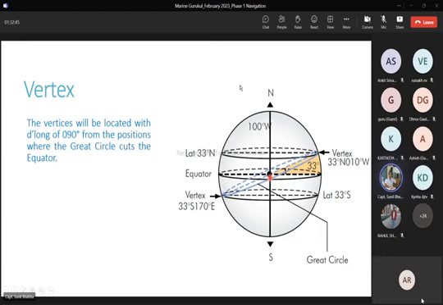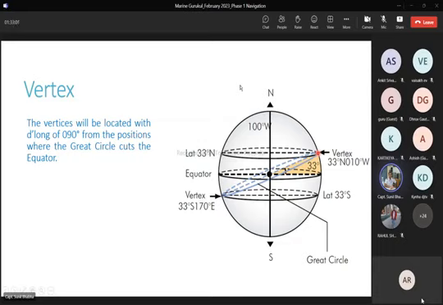Now you can see, because of sheer symmetry of the diagram, the vertex is going to lie exactly midway between the two equator crossing points.